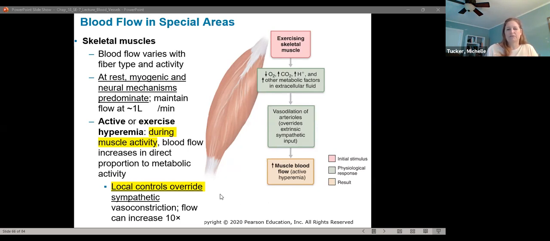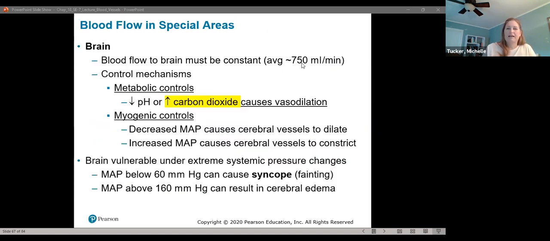And then local controls are going to override sympathetic. Again, it's that hierarchy, but then with activity, we get all of these metabolic factors building up, and that's going to cause local metabolic intrinsic regulation to override sympathetic.